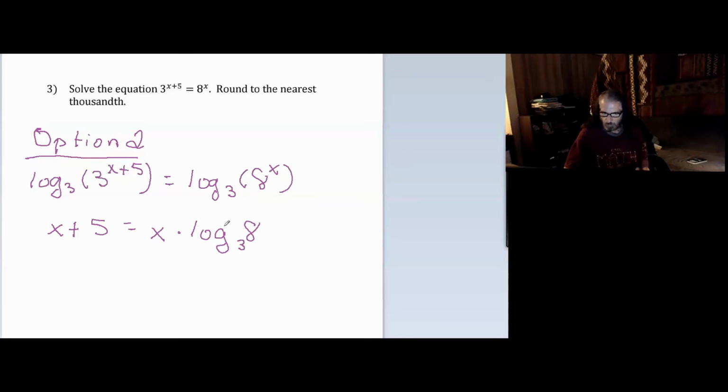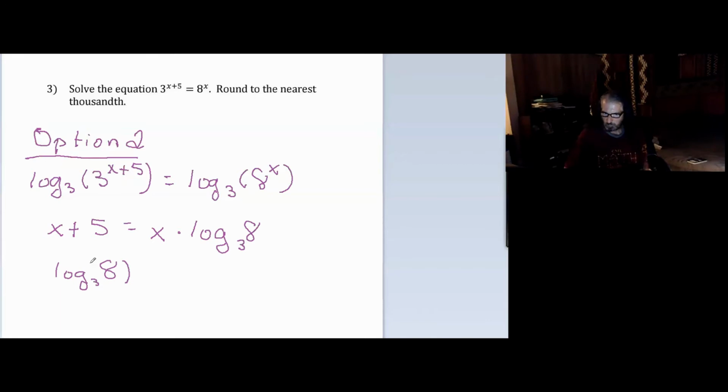Well, if I get the like terms together by subtracting x from both sides and factor that x out, remember, when you factor an x out of itself, you're going to have 1.